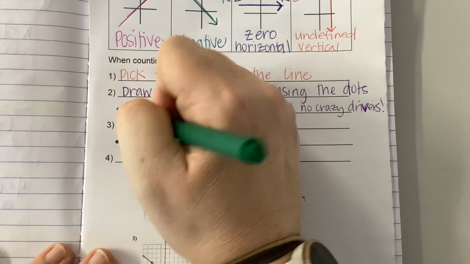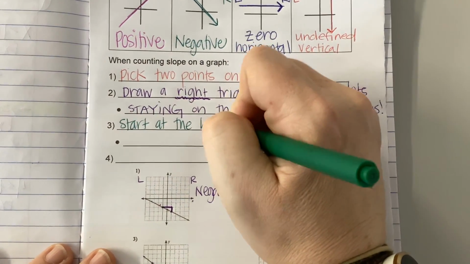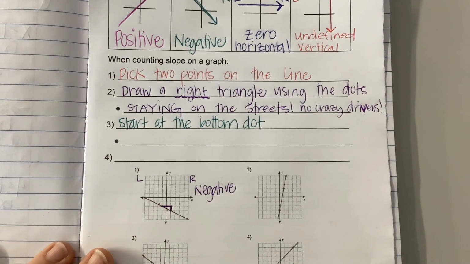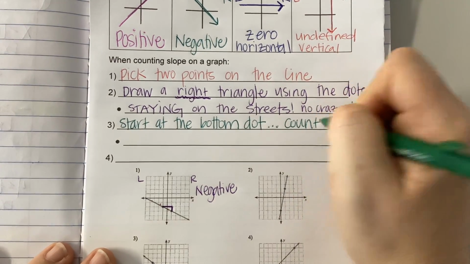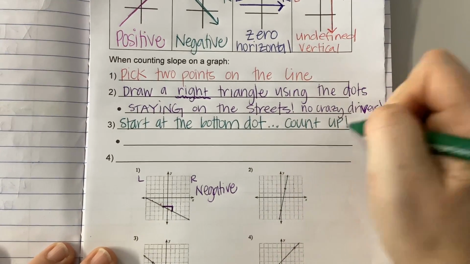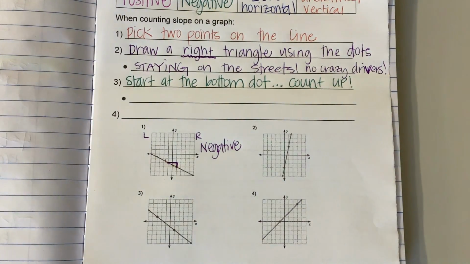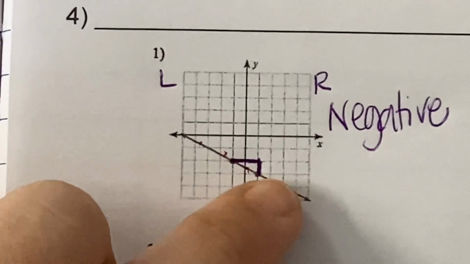Start at the bottom dot. Count up. We're counting how many blocks I drive. Starting at the bottom dot and count up.